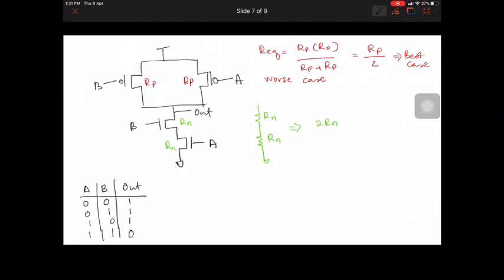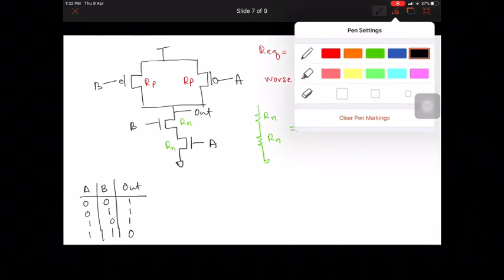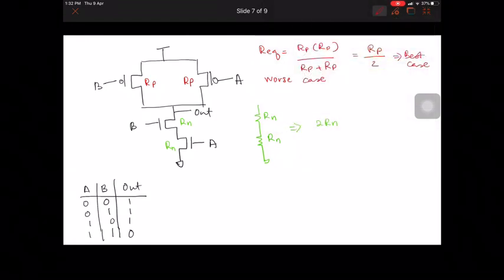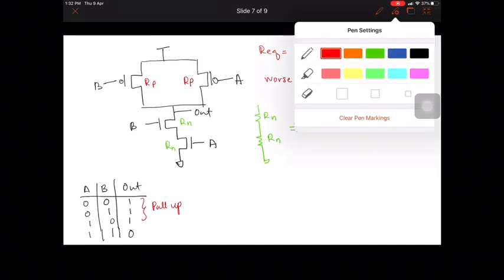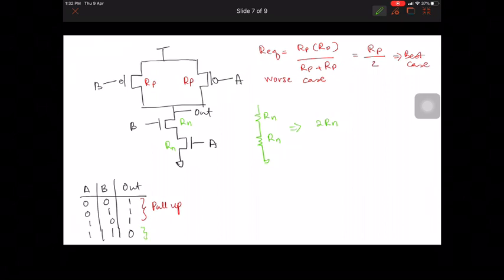In this case, which one is the pull up and which one is the pull down? The pull up is the one that is connected to VDD. So this is the pull up, and this is the pull down.